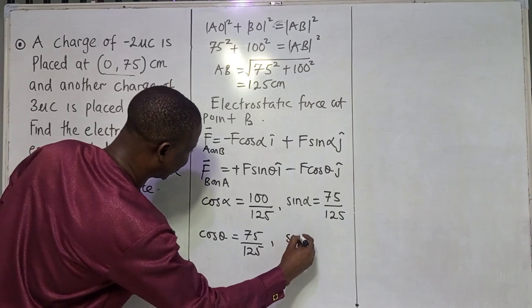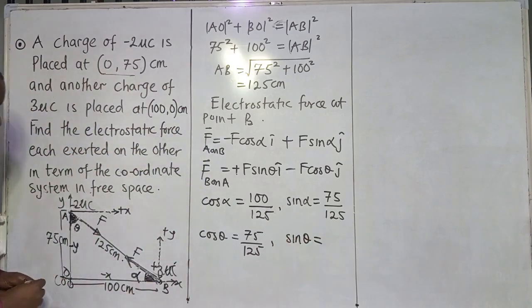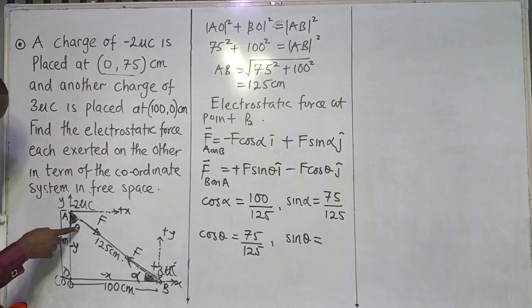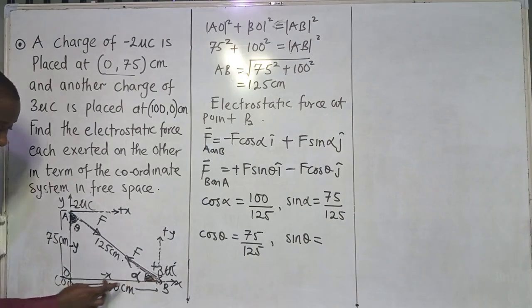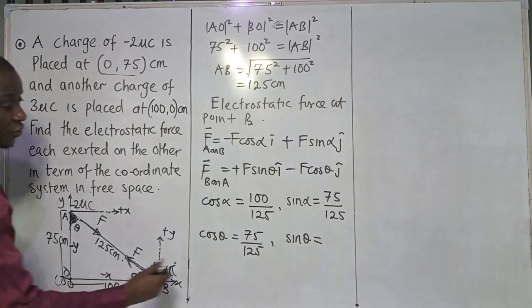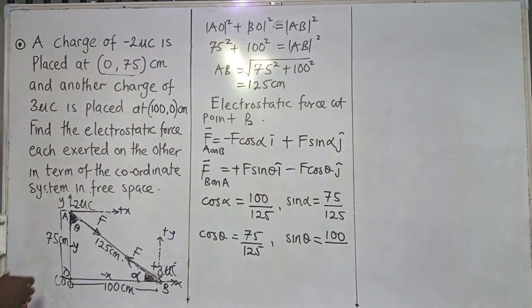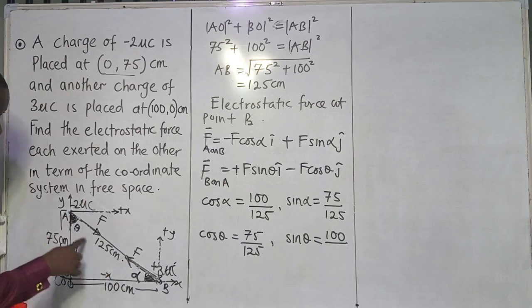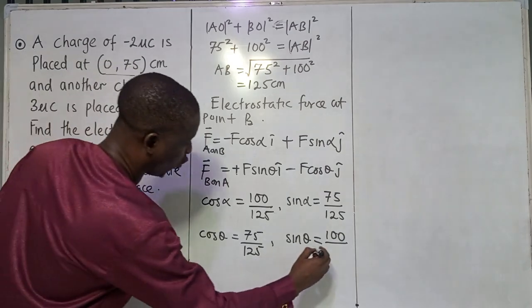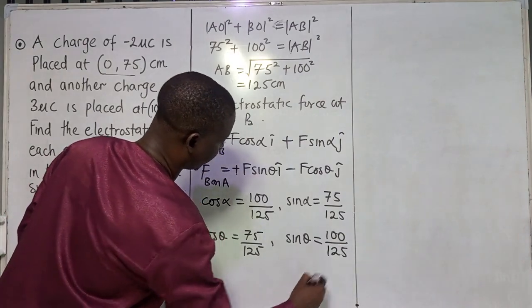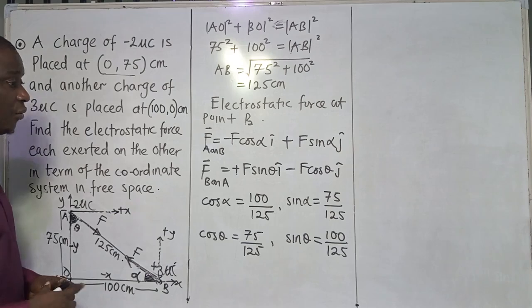Now, what about sine theta? Sine theta is opposite to this theta. The reference angle theta has the opposite side, this 100. So we say 100 divided by the hypotenuse, 125.